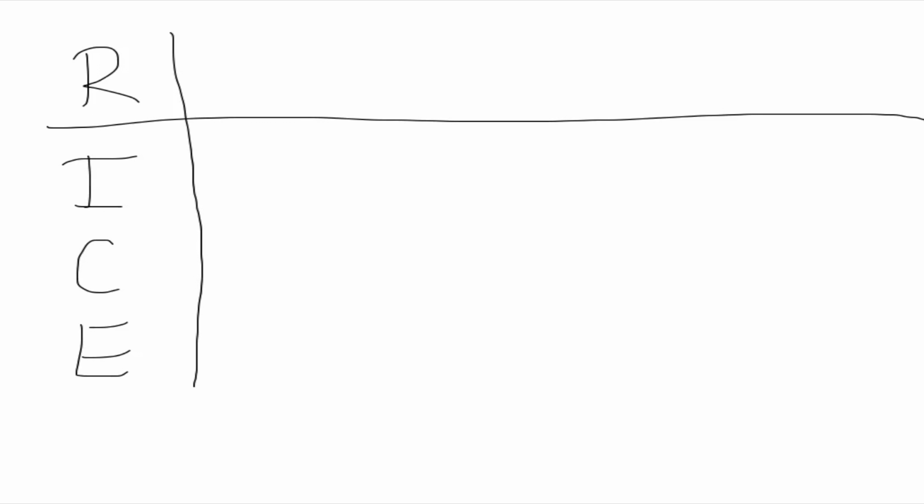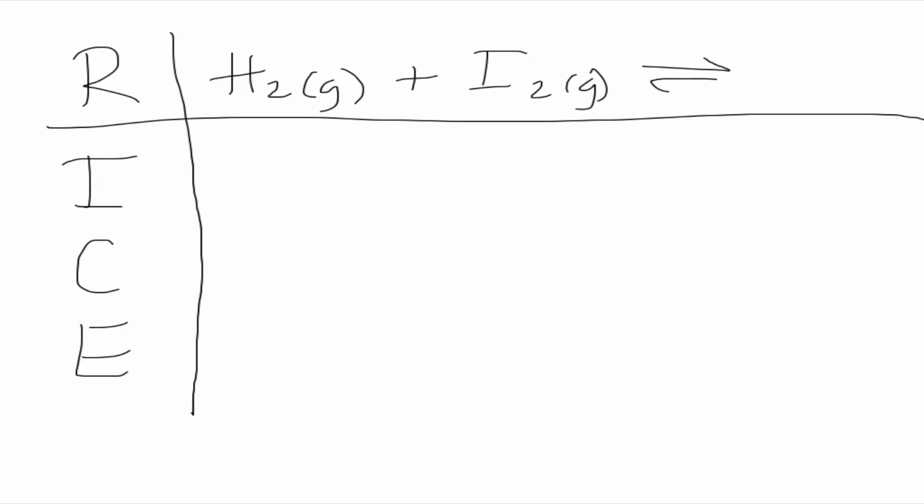So for R, we simply write our reaction. We had hydrogen gas, that is our first reactant, plus iodine gas, second reactant, is at equilibrium with 2 hydrogen iodides, another gas.